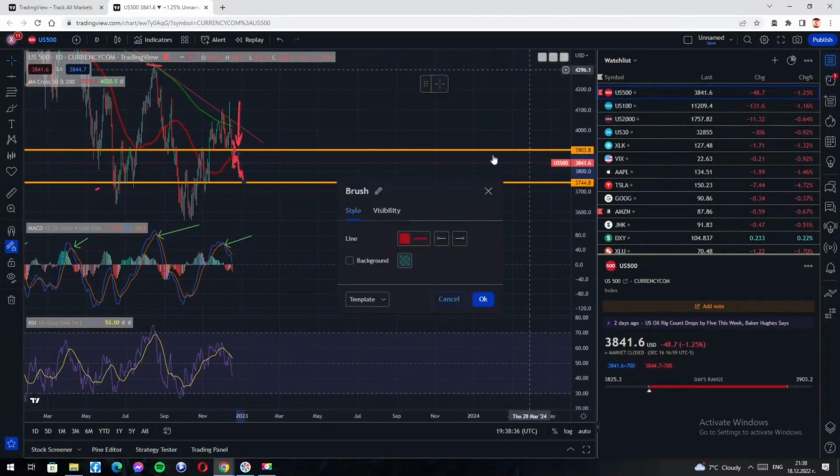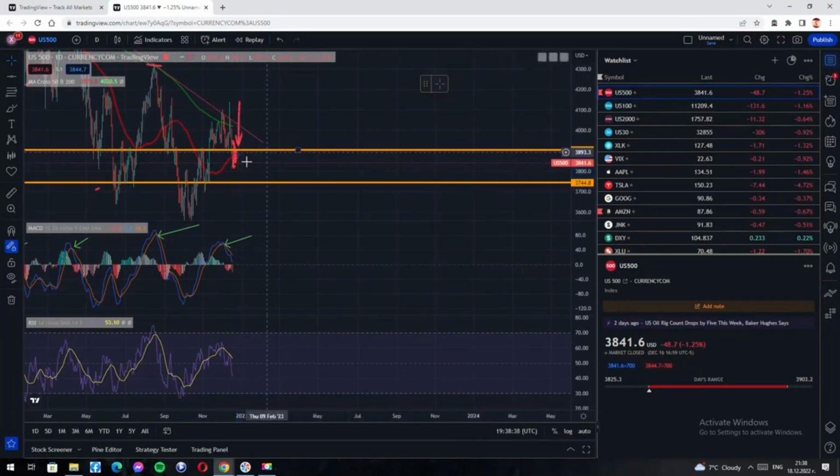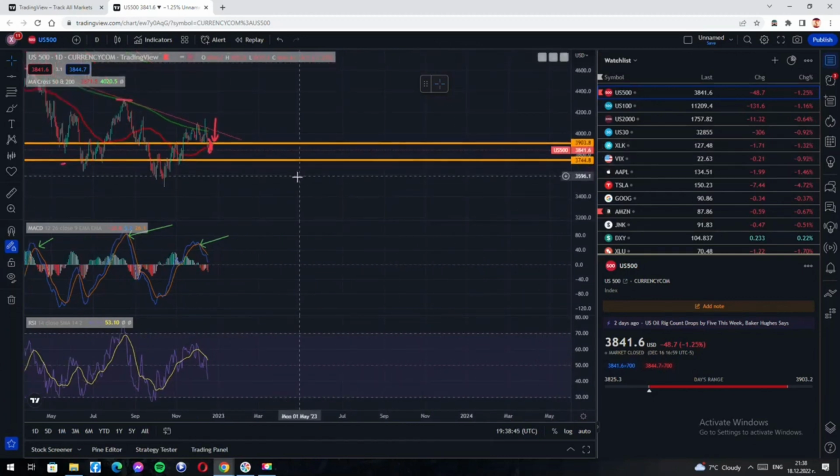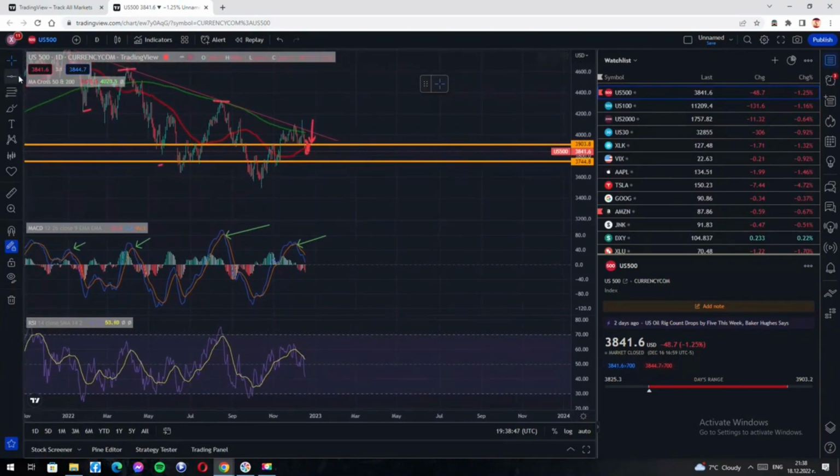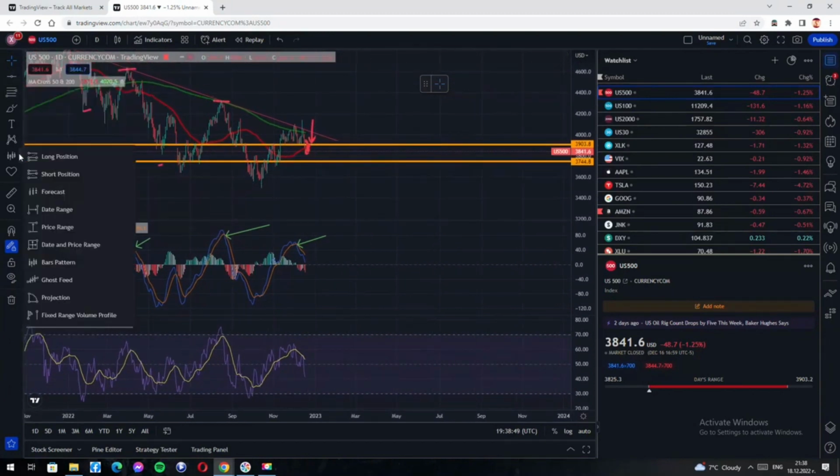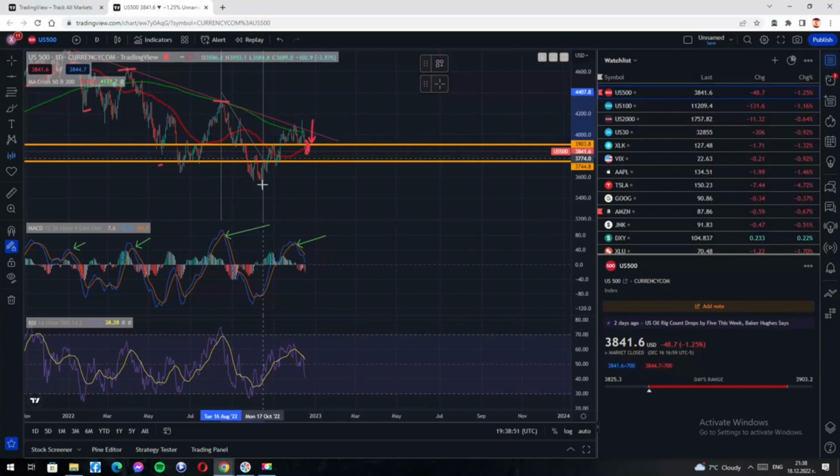But let's now take a look at a longer time horizon. I believe that the S&P is doing something like the move we saw from here.